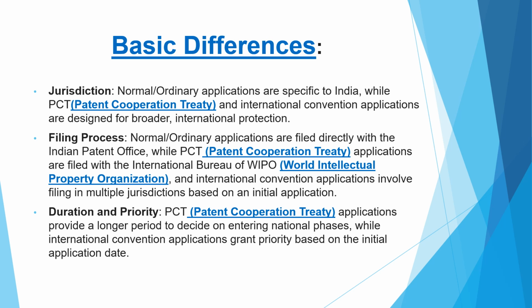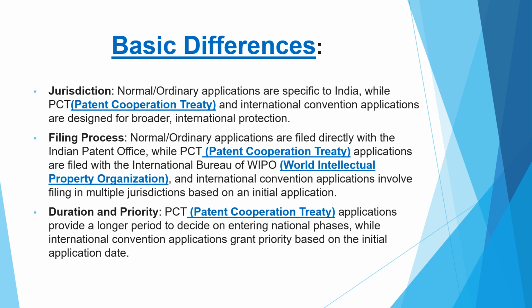One centralized application has to be filed at the International Bureau, and filing a PCT application will give you an extra period, that is 18 months. While filing an international convention application, you get only 12 months to decide which countries you have to file in. But when you are filing a PCT application, you have an extra period of 18 months besides the 12 months to decide upon which jurisdictions you want protection.